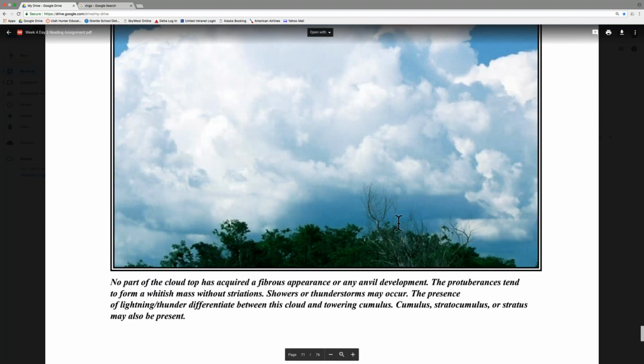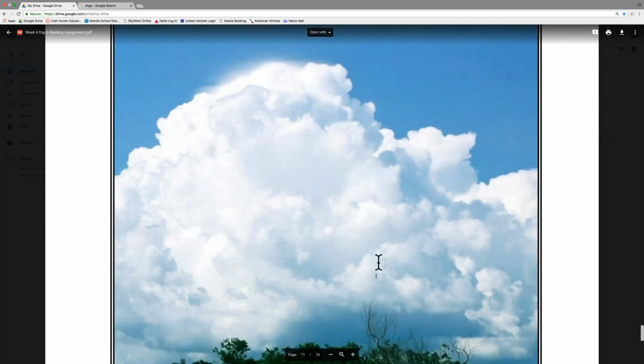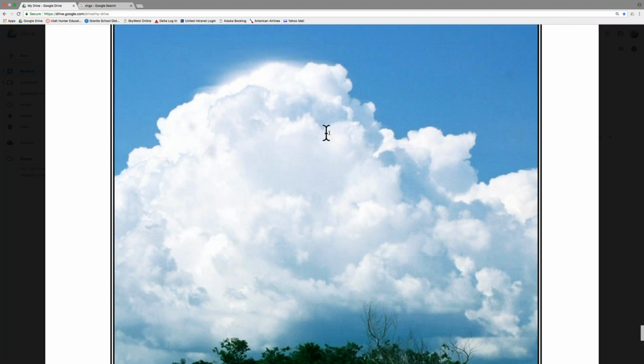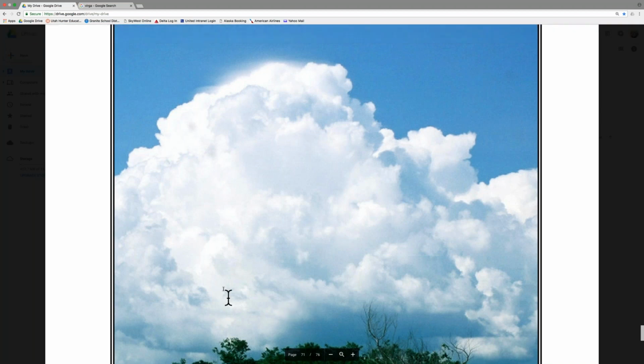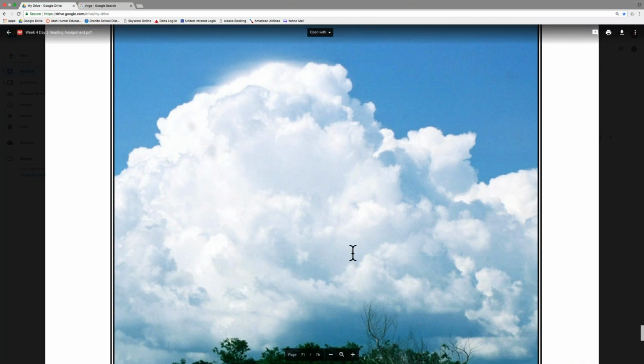So these clouds are also what we associate with hail. What's happening is the water droplets, as they continue this process of circulation in the cloud, when they're hitting these higher altitudes, it's freezing.